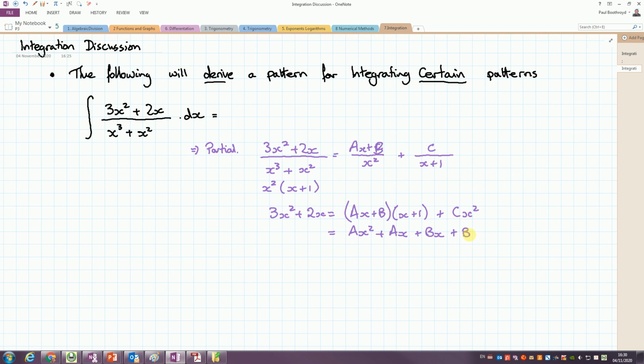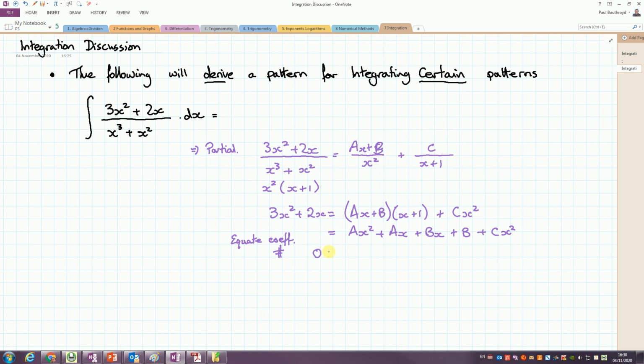And we look at what we can solve for this. Well, I'm going to run this the other way around to normal. I'm going to look at the number terms, so we're equating coefficients. The number term, we have 0 on this side, and that must equal b.